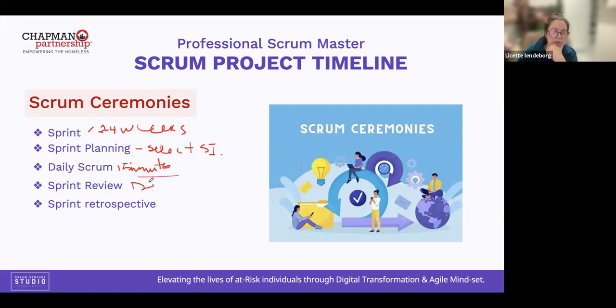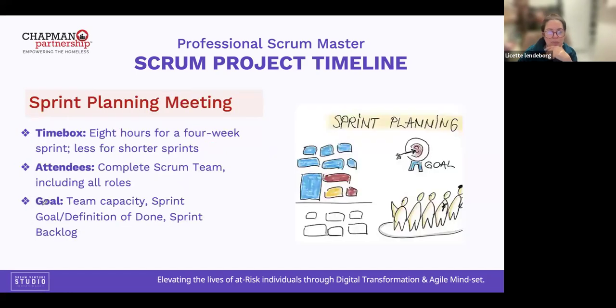Sprint review is the demo with the stakeholders and customers. And retrospective is to improve. So now we have a general idea of each one of the Scrum ceremonies. Remember, we're going to have another topic where we will talk more deeply about those ceremonies. This is just an overview.